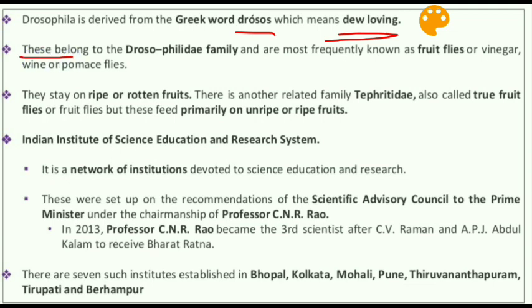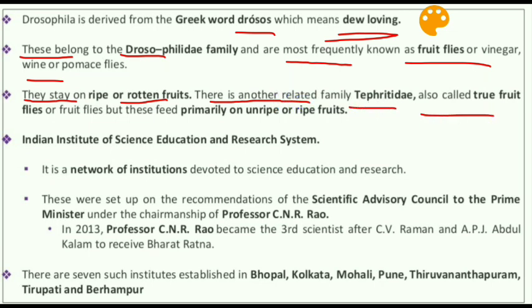These belong to the Drosophilidae family and are most frequently known as fruit flies or vinegar or pomace flies. They stay on ripe or rotten fruits. There is another related family, Tephritidae, also called true fruit flies, but these feed primarily on unripe or ripening fruits.